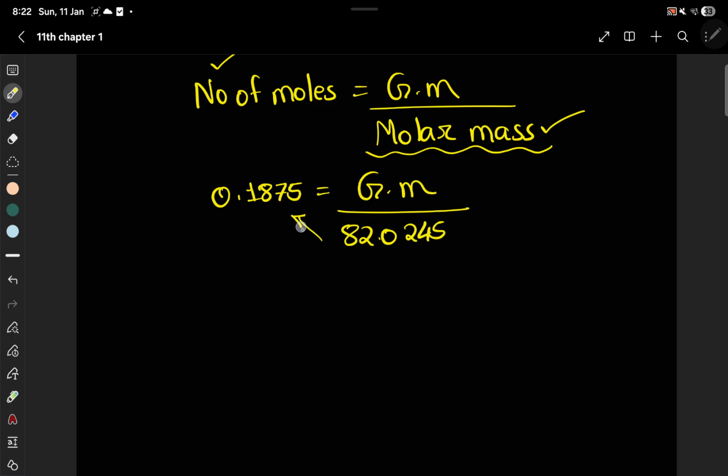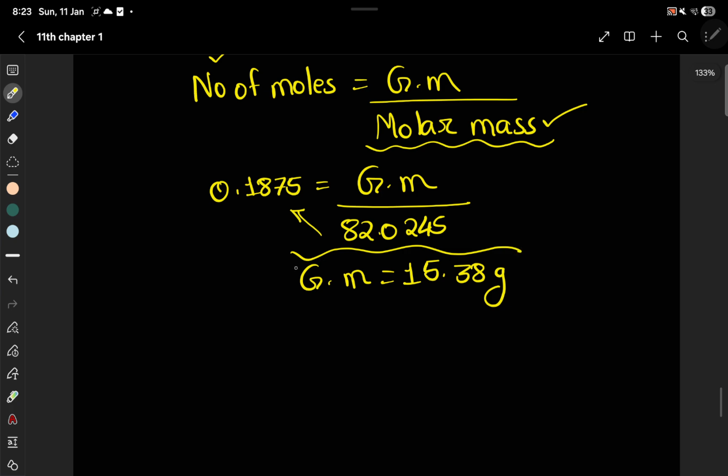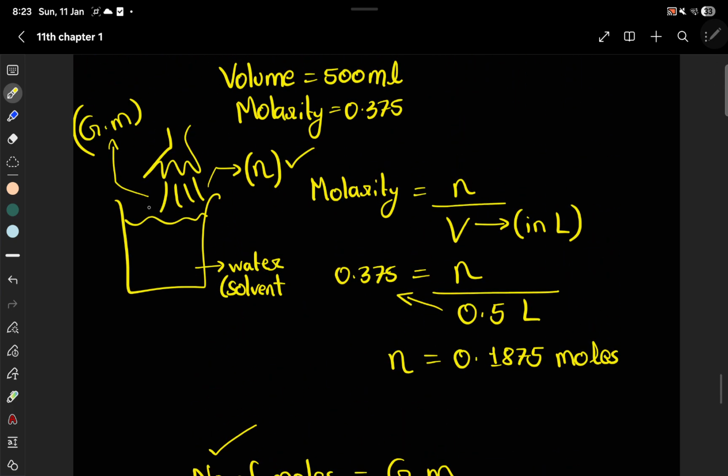Now I'm going to cross multiply these magnitudes, and I have got my answer, which is 15.38 grams. This is our answer. It was the amount of sodium acetate that got dissolved in water for making up this solution, which had the molarity of 0.375.